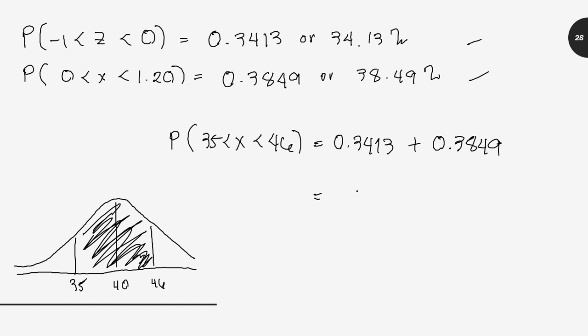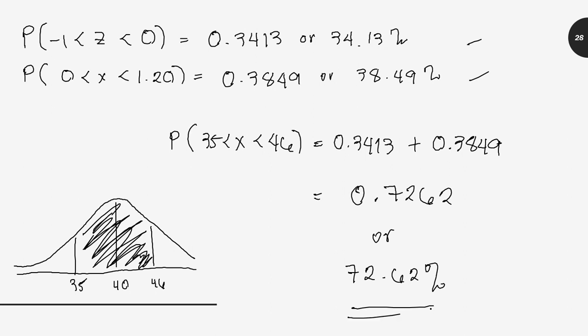Okay, so add lang natin niyan. Magkakaroon po tayo ng 0.7262 or this is 72.62%. Okay, so this will be the probability that a randomly selected bank manager will be aged between 35 and 46. Okay, so ganun po siya.